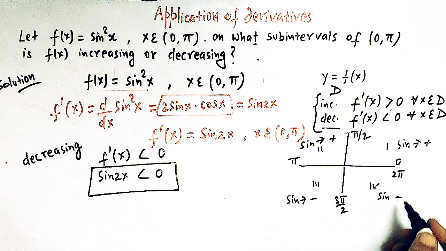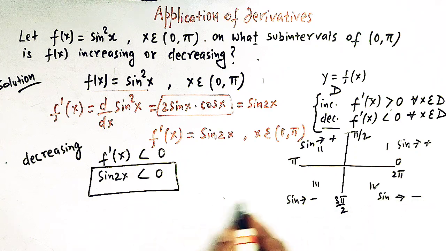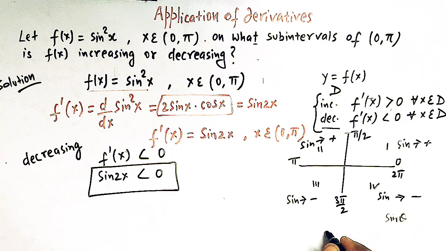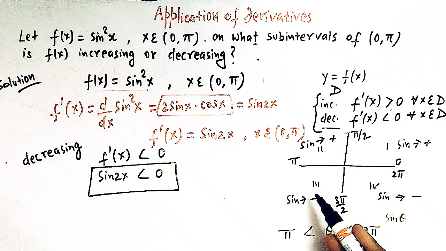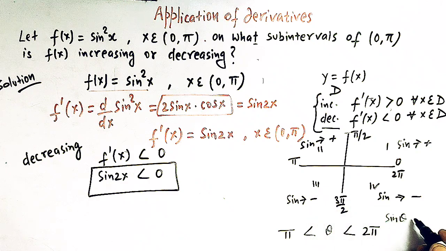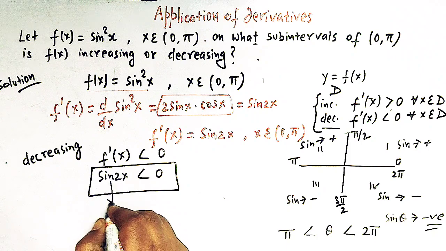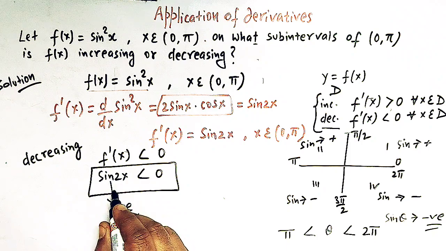So if we have sine theta, then if theta is greater than pi but less than 2 pi, we are in the third and fourth quadrant, and sine theta is negative there. So here sine 2x is less than 0, it means sine 2x is negative, right?